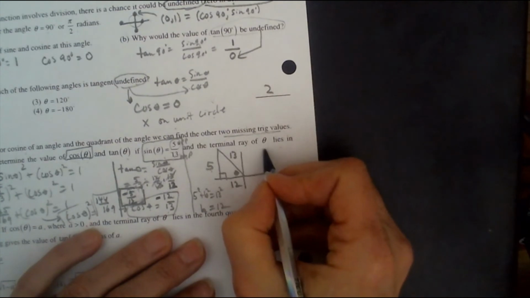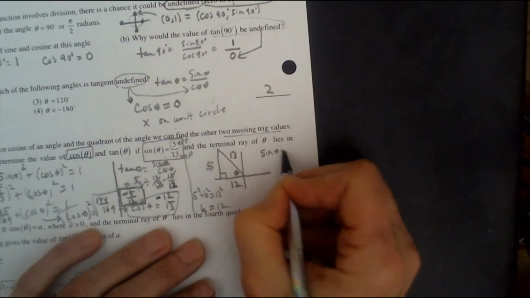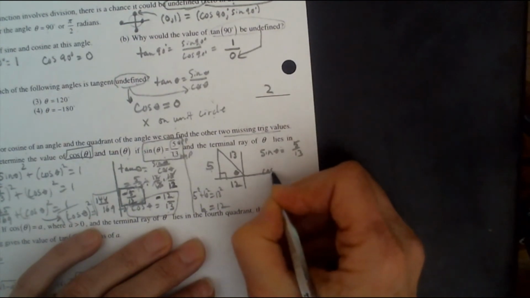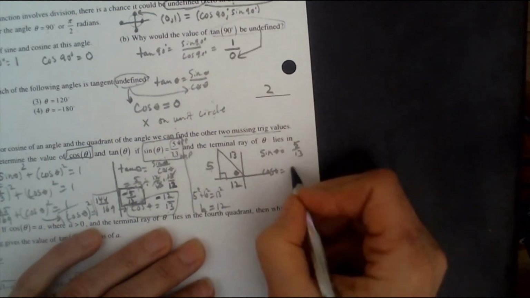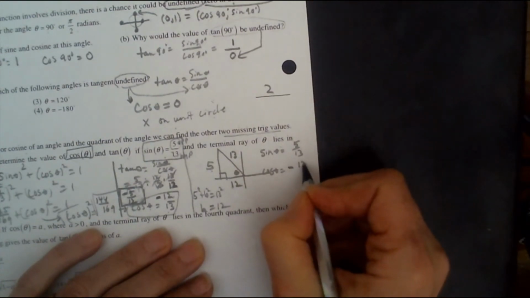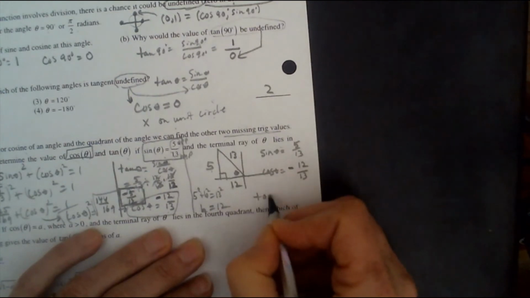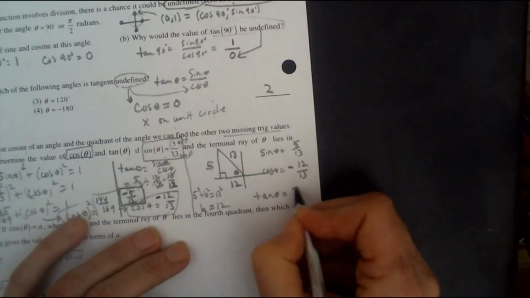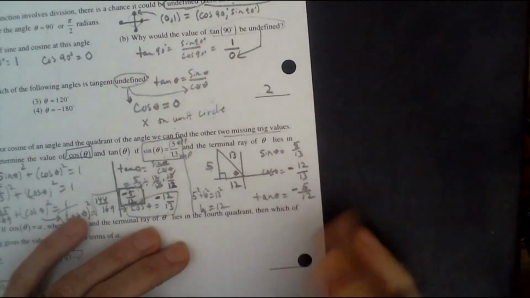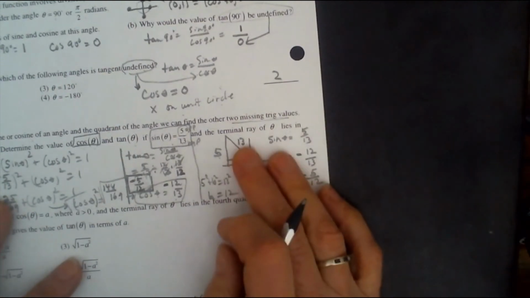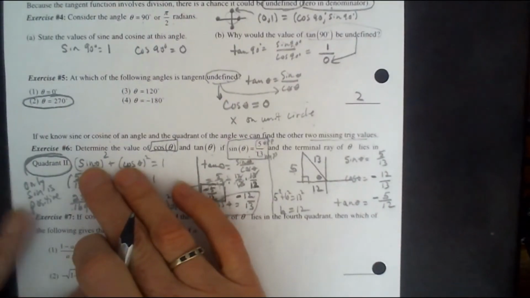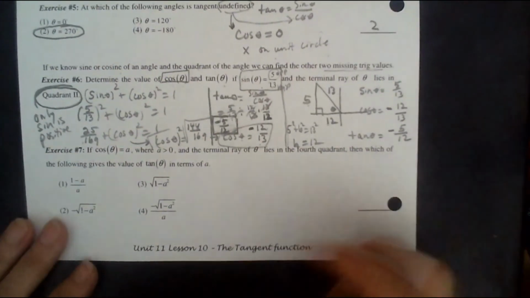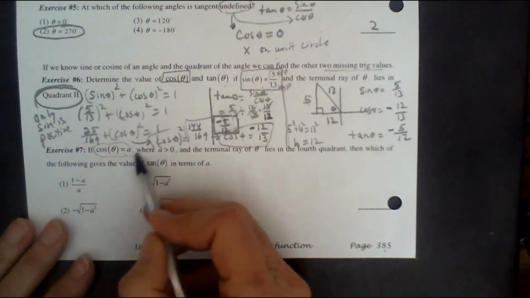Then SOHCAHTOA says the sine, they told us, is opposite over hypotenuse. The cosine is adjacent over hypotenuse, but it's negative because it's in quadrant 2. And the tangent of theta is opposite over adjacent, negative because it's quadrant 2, 5/12. So there's two different ways. You can draw a triangle if you'd like, or you can use the Pythagorean identity if you like. It really doesn't matter.